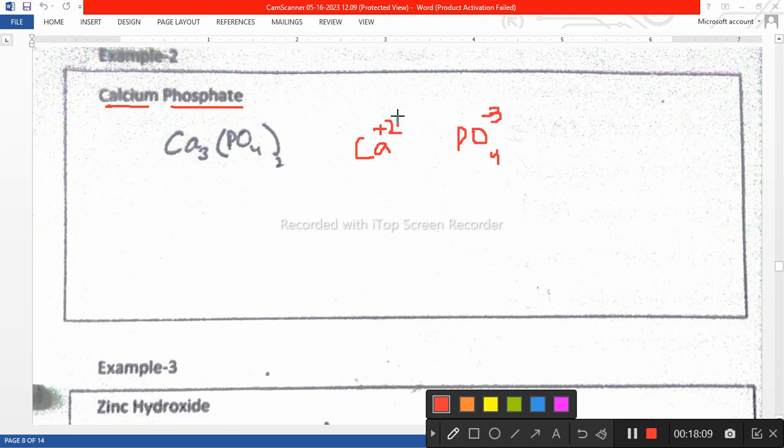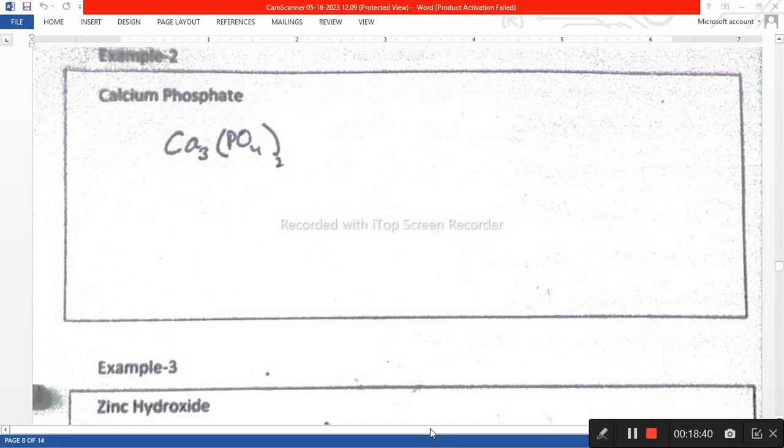Now the charges are not the same, so we will cross multiply these. So Ca3(PO4)2. We have to put the brackets because the whole PO4 has 2, not only the oxygen. Therefore we have to open the brackets. Hope it will be clear to you.